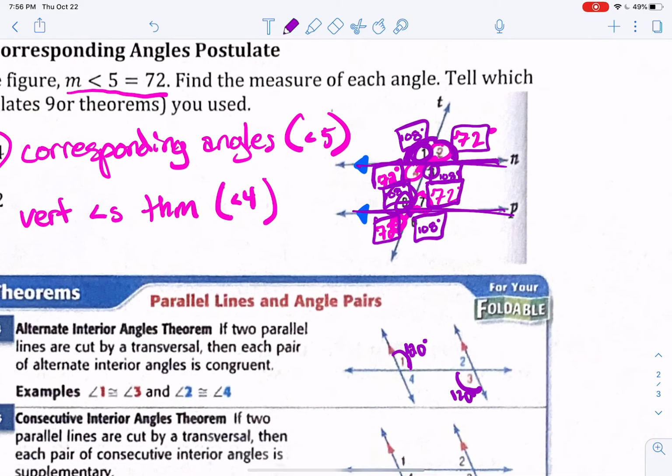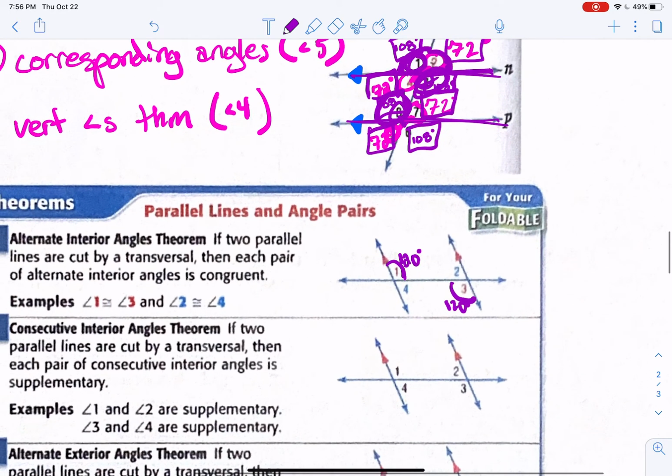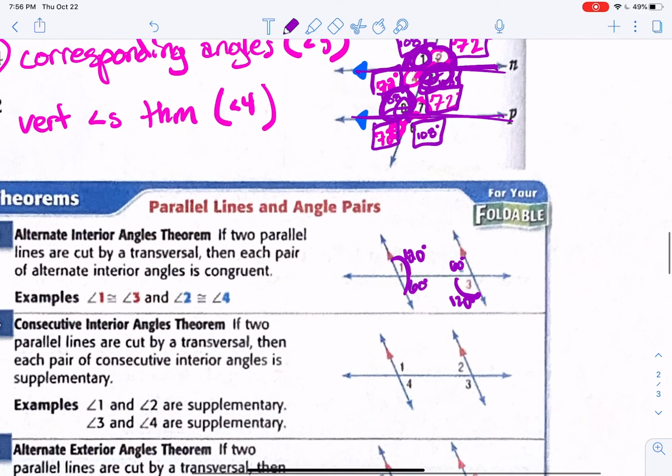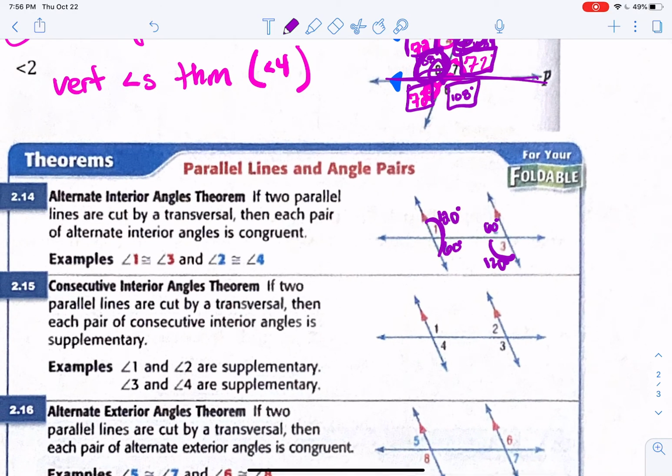You know, 108 and 108, those were alternate interior angles, so those were the same. If angle 1 is 120, then that means angle 4 has to be 60, because those have to add up to be 180. So if angle 4 is 60, then angle 2 has to also be 60. Alternate interior angles are congruent to each other, okay?